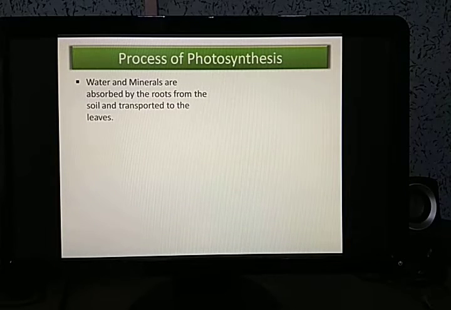Now you might be thinking, why to the leaves? Because this whole process of photosynthesis occurs in the leaves. Although we discussed in the earlier point that it can also occur in the green parts of the plants, for now we'll be discussing how it mainly occurs in leaves. Leaves are the food factories of the plants.